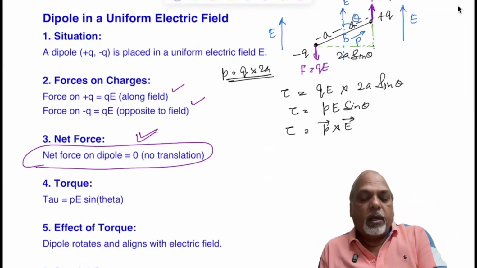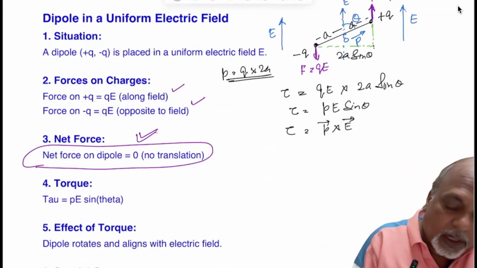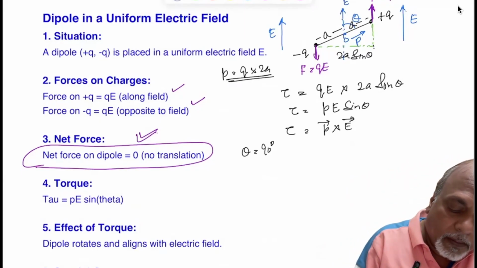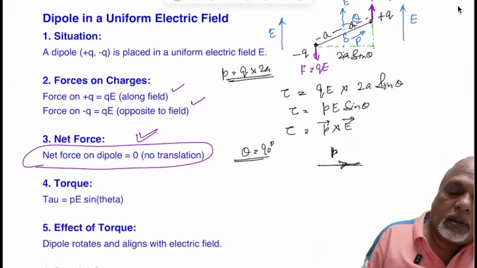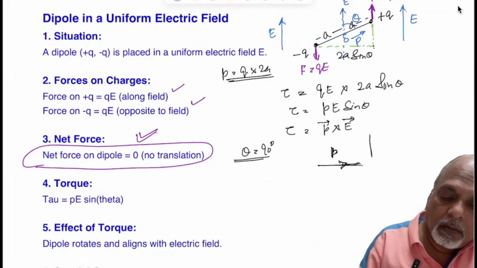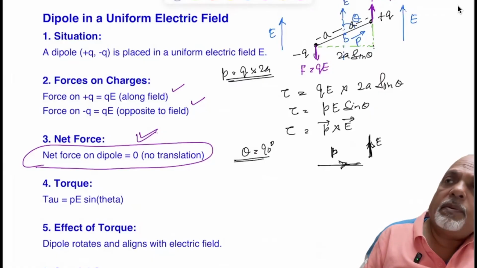So here, when theta is 90 degree, your P is like this, and your E is like this, so this is the position where it will experience a maximum torque.